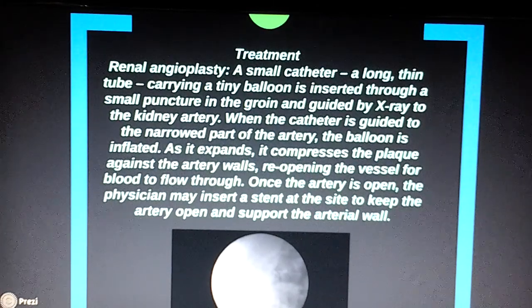As it expands, it compresses the plaque against the artery walls, reopening the vessel for blood to flow through. Once the artery is open, the physician may insert a stent at the site to keep the artery open and support the artery wall.